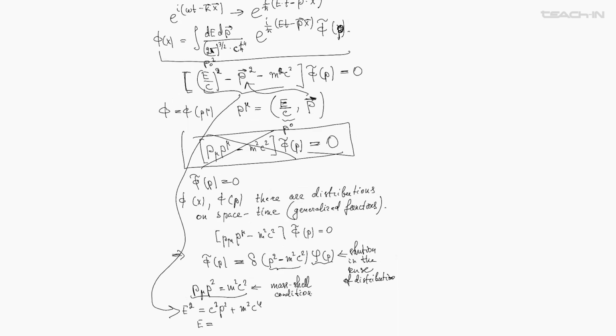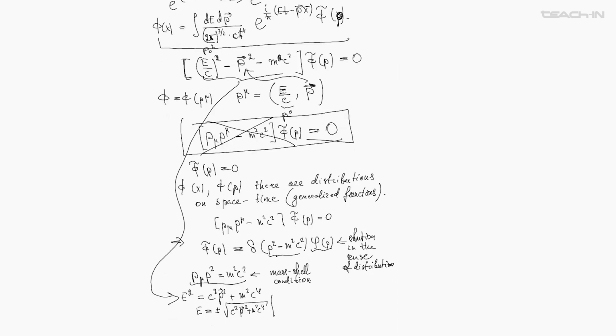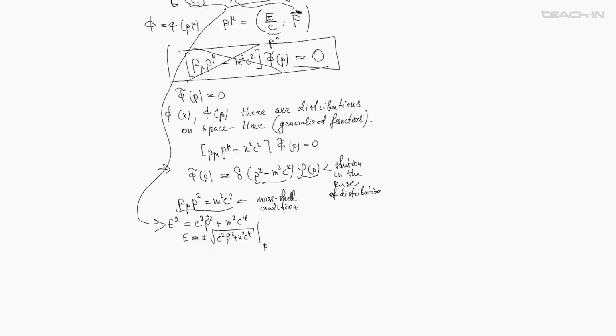Here, E equals plus or minus the square root of c squared p vector squared plus m squared c to the fourth, which is something you asked me at the beginning of the lecture about m squared c squared. You see when p is equal to 0, then this goes into plus or minus the square root of m squared c to the fourth, which is the rest energy of a particle in the case of a positive sign, m c squared.